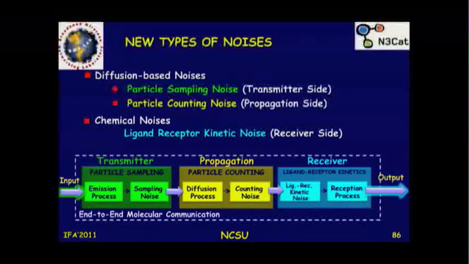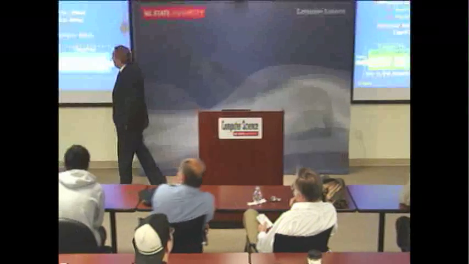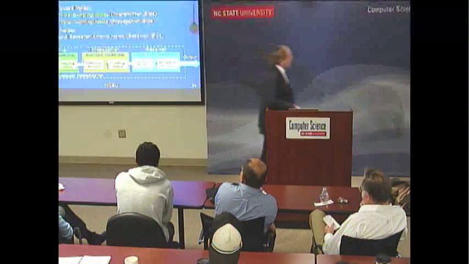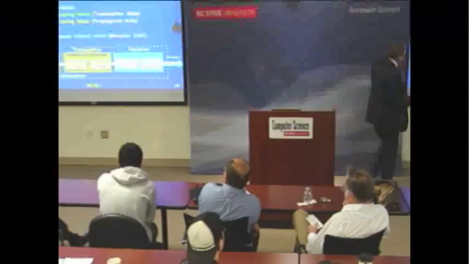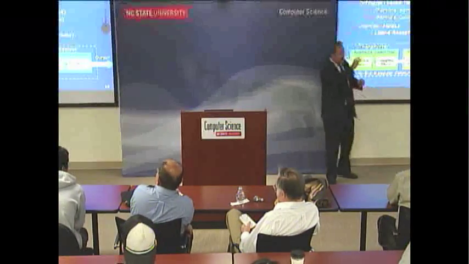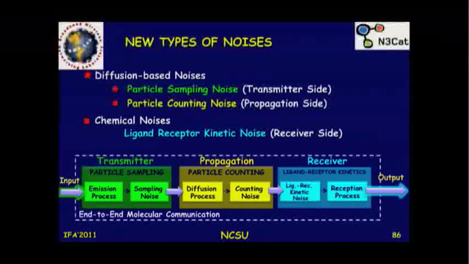So then the other issue was, what type of noises do we have? Okay? So it's very interesting. On the transmitter side, we have particle sampling noise, because when you are creating these in the continuous domain and you sample them in discrete times, that gives you some losses, right? Because you're sampling that in discrete levels.